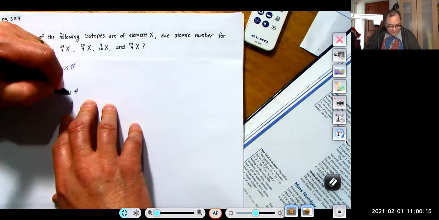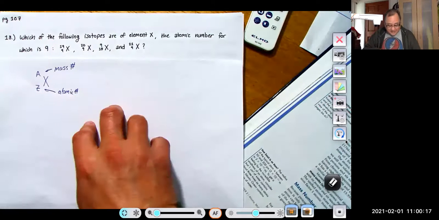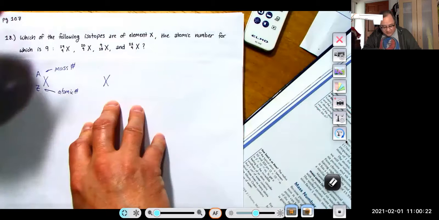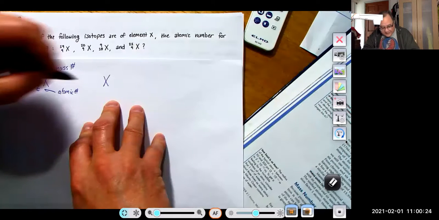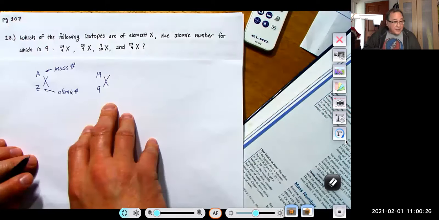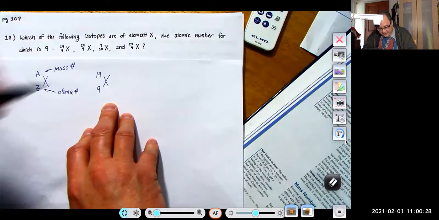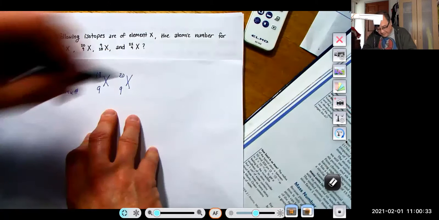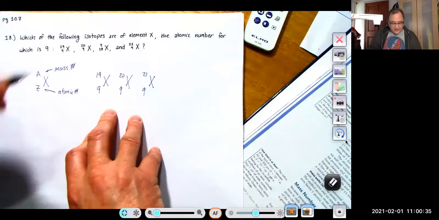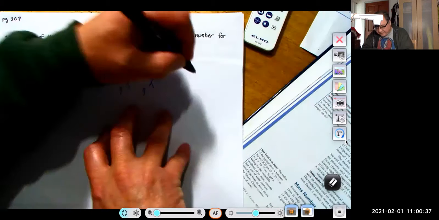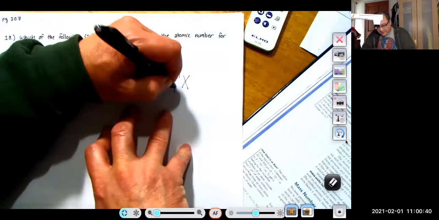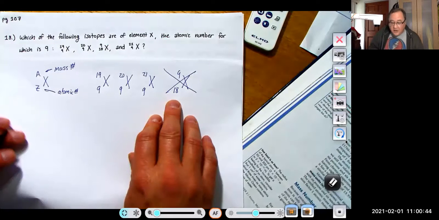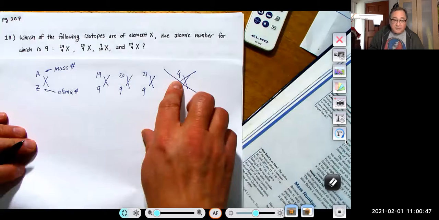You know, atomic number being Z instead of A is a little perplexing to me. So here, when we say the atomic number is 9, then this is an isotope of element X. This is an isotope of element X. And this is an isotope of element X. And this simply does not exist because you cannot have fewer nucleons than you do have protons.